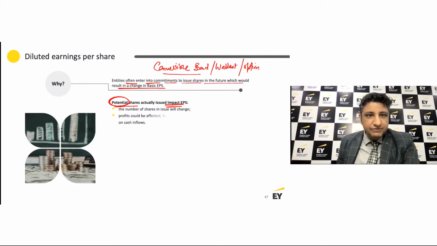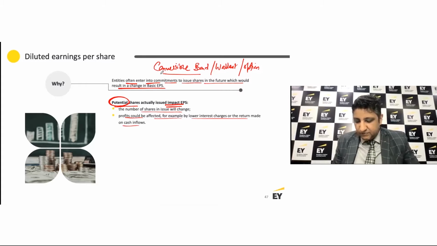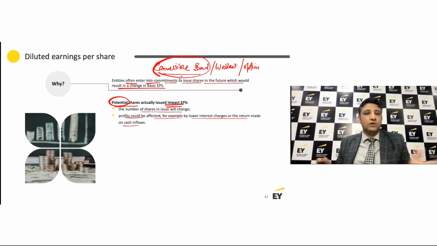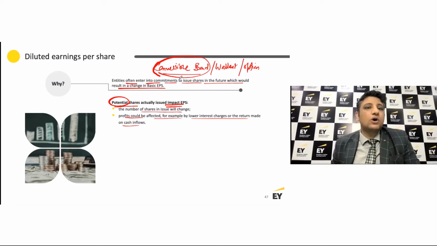So we're saying that because the number of shares in issue will change, accordingly the dilution can arise, right? Of course, we also address the aspect that in case there were a convertible bond or a convertible debenture today, you are very likely incurring some interest costs. And in case that debenture becomes a share tomorrow, that interest cost or interest expense would not apply.